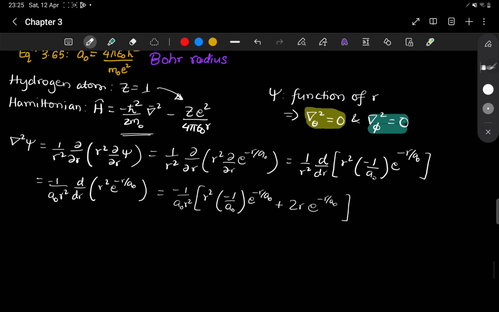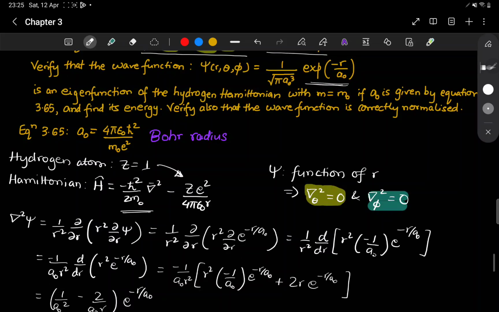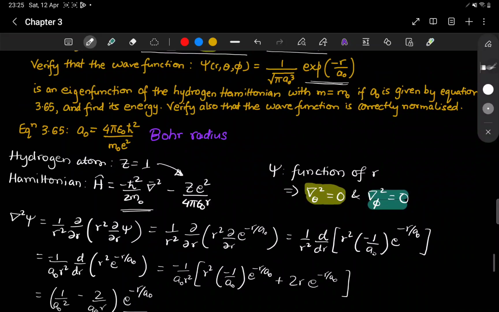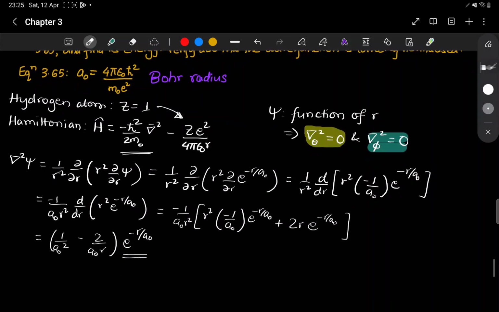This is according to the chain rule. So this, as we see, is just our wave function psi. We had not taken this constant term, so that's why the constant term is not here. Had the constant been written, it would be there as a coefficient.